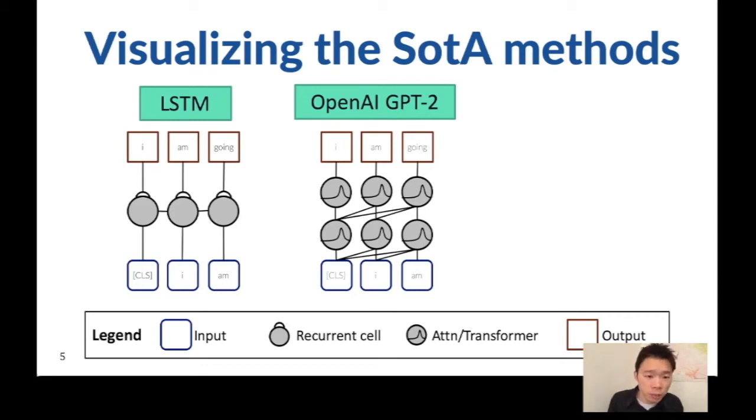Now, the OpenAI GPT-2 model that I showed you is different. It uses a different cell. It uses what's called attention, and specifically it uses the transformer.